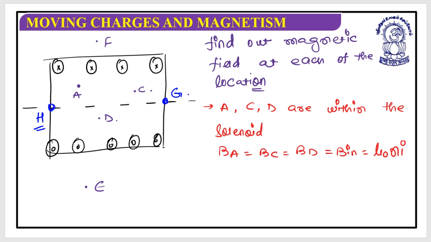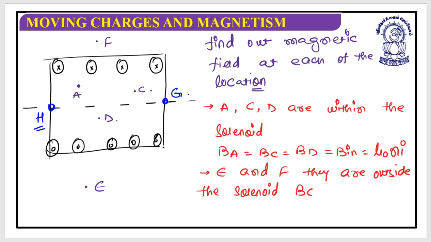It would be mu naught Ni, undoubtedly, without having a second thought. I hope this is clear. Now for points E and F, they are outside the solenoid. So for them, B at E and B at F should be equal to 0. I hope this is clear.